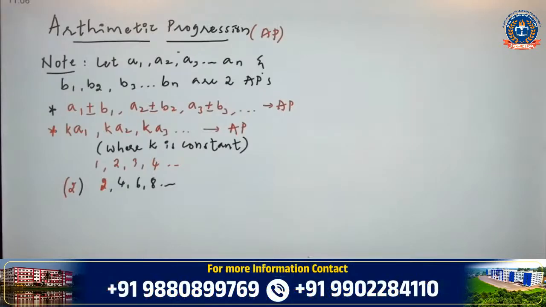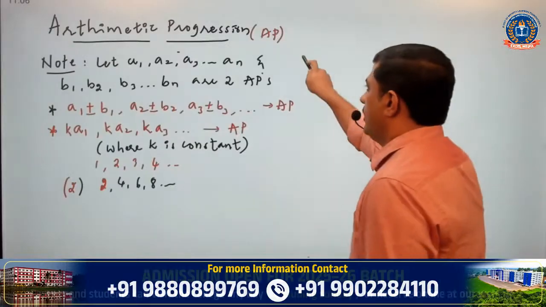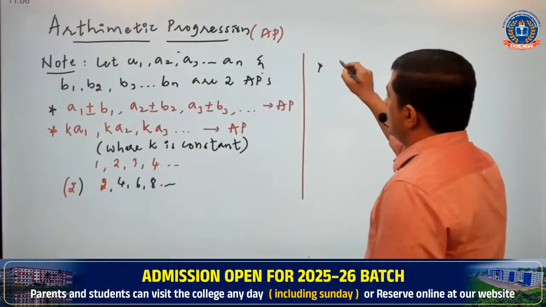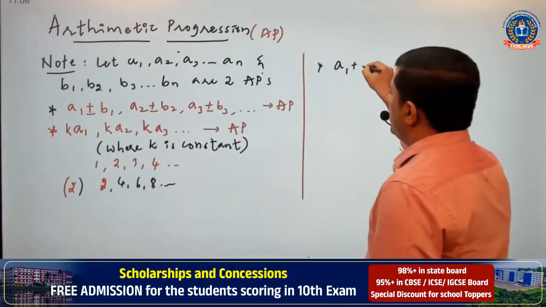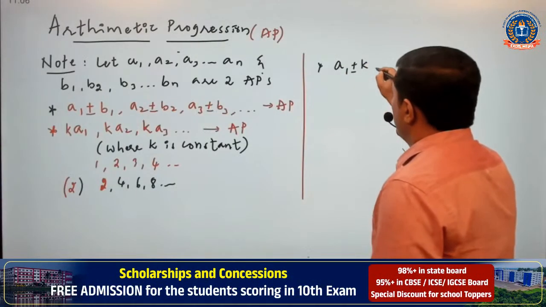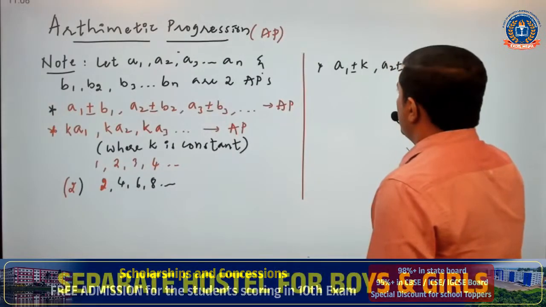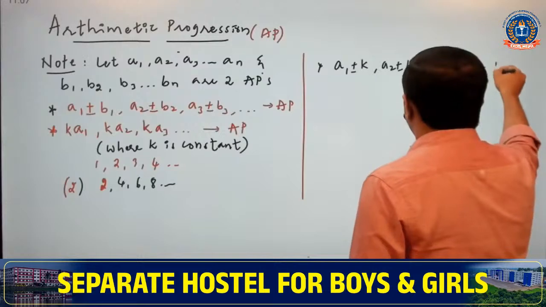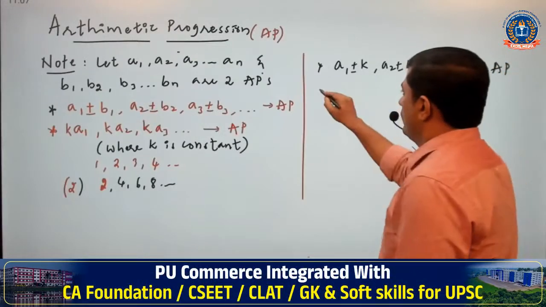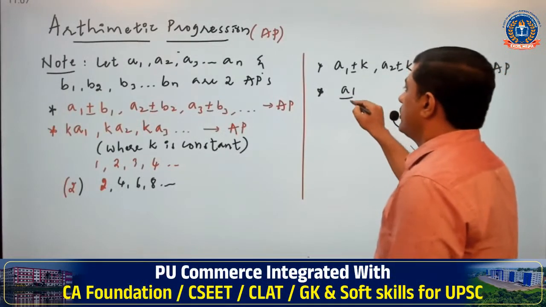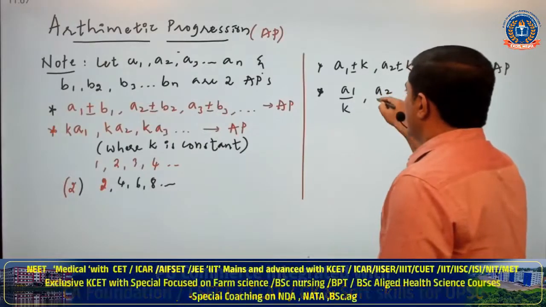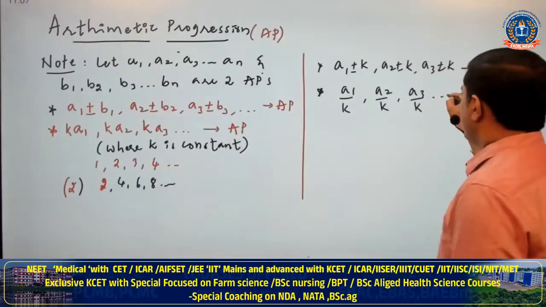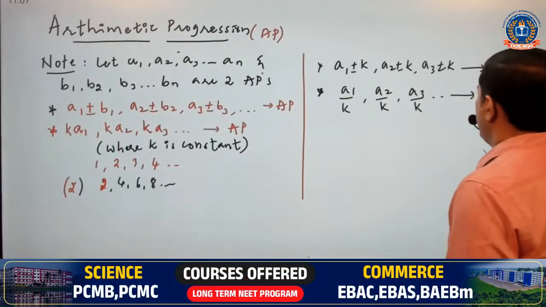Not only multiplication, it will work out for addition also, like A1 plus K, A2 plus or minus K, A3 plus or minus K, the resulting is also an AP. And division also works out, A1 by K, A2 by K, A3 by K, it is also an AP.